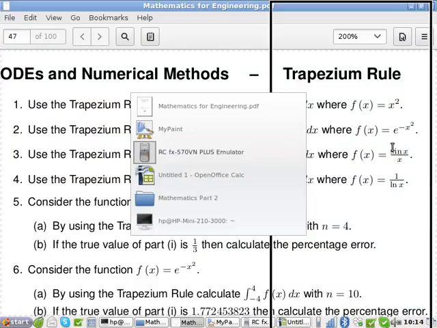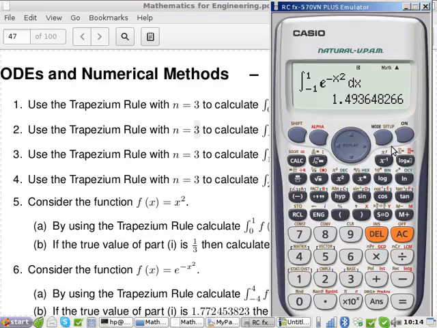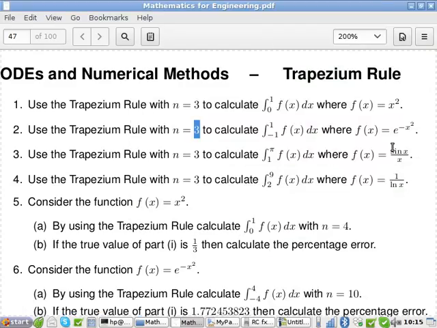And you should get an answer that's nearly 1.5. I think your answer will be a little bit too small, so you'll probably get something like 1.4. So just try number 2 using the Trapezoid Rule, and I'd like to see what you get, and then we can have a look at the tutorial, okay?